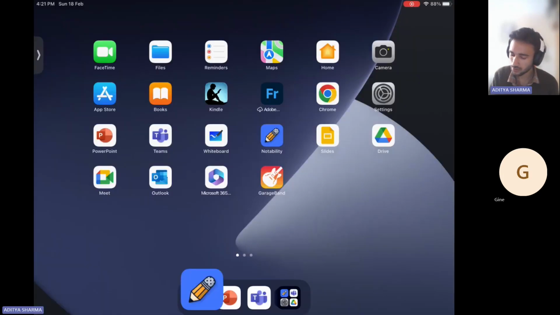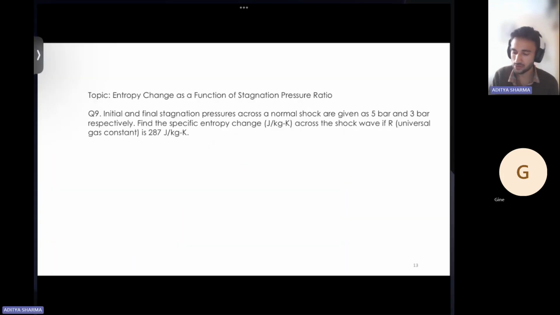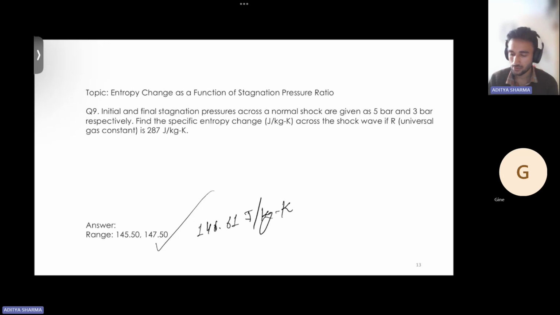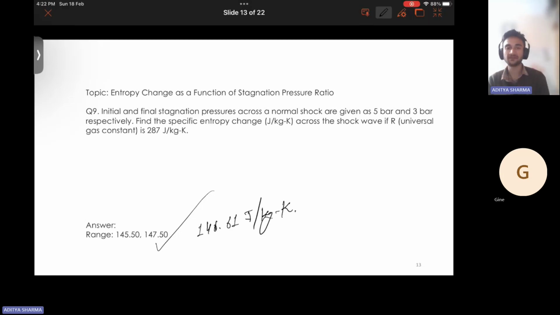So this was it for question number 9. So this is our range and our answer falls in this range only, 146.61 joule per kg Kelvin. Okay. So we are good up to this point, right?